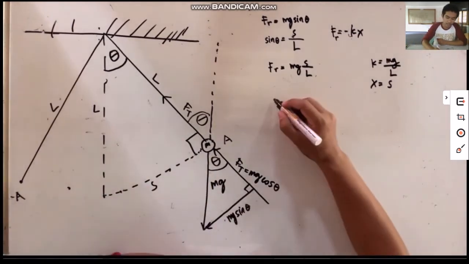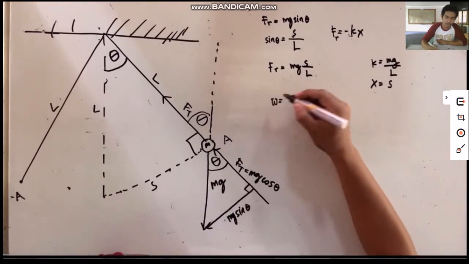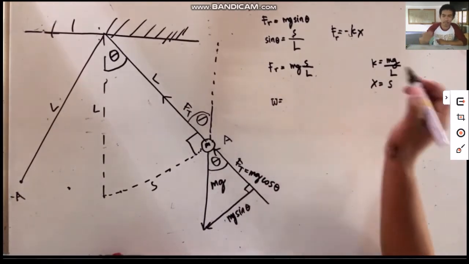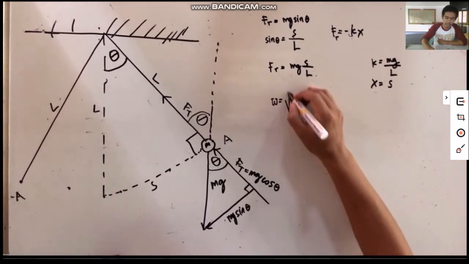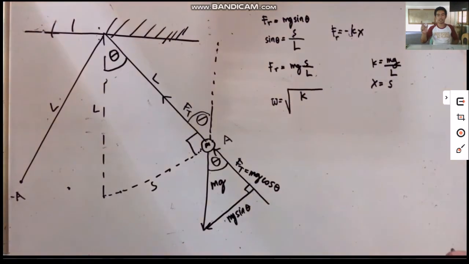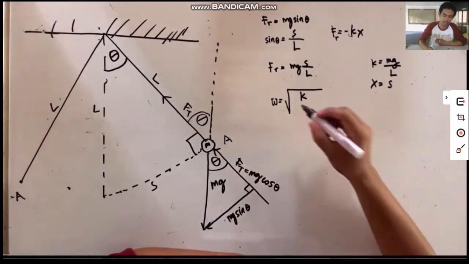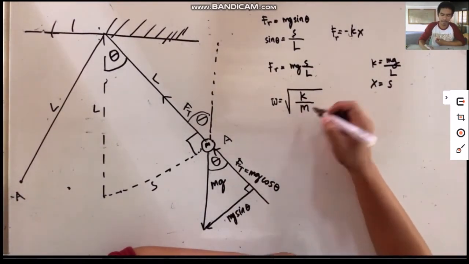Now, angular frequency for an object moving in simple harmonic motion, omega, if you can still remember, omega is the square root of the spring constant, where an object attached to the spring oscillates and moves in simple harmonic motion. The angular frequency is the square root of its spring constant over the mass attached to the spring. Right.